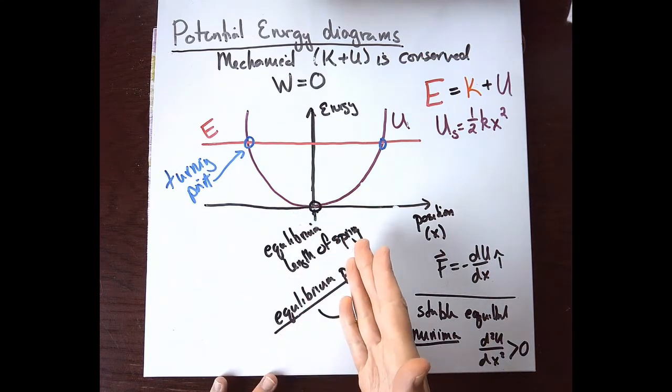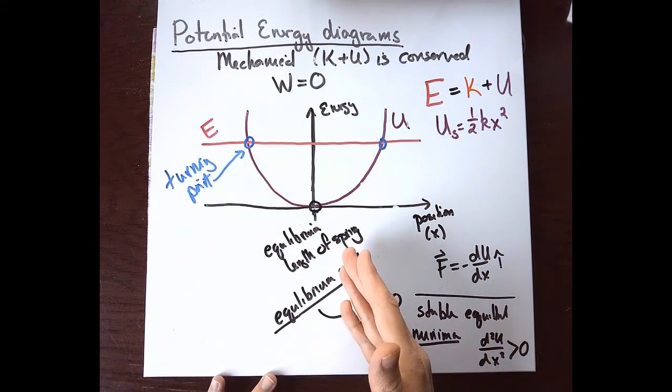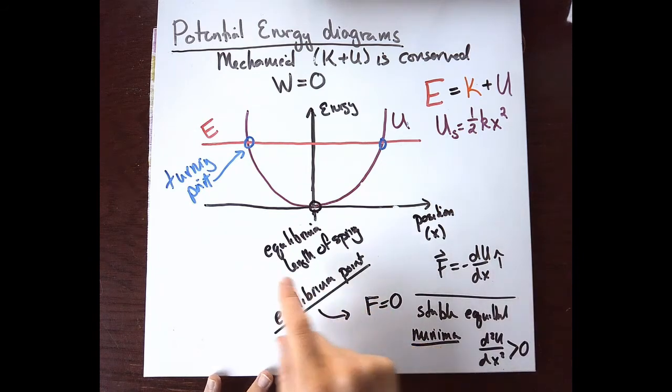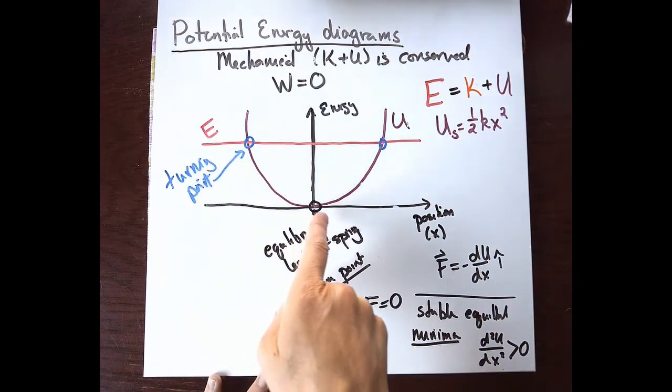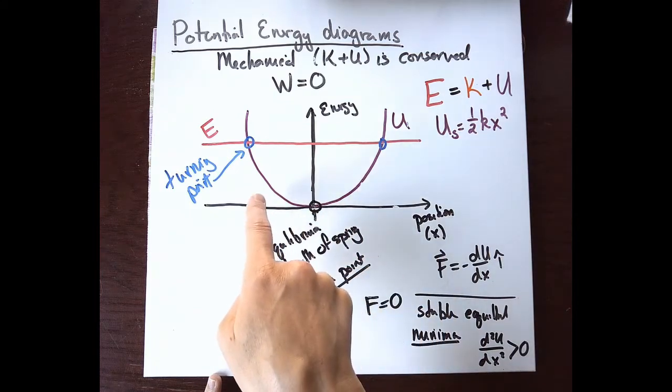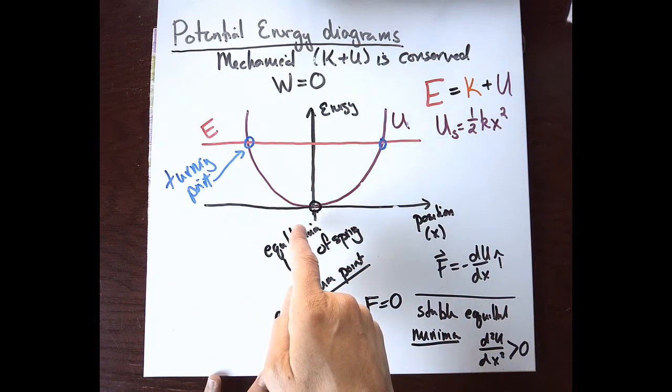And that brings me to another way to think about these potential energy diagrams. You can think of them as a marble moving on a track that's shaped like the potential energy. That'll tell you what the object under this potential is doing.